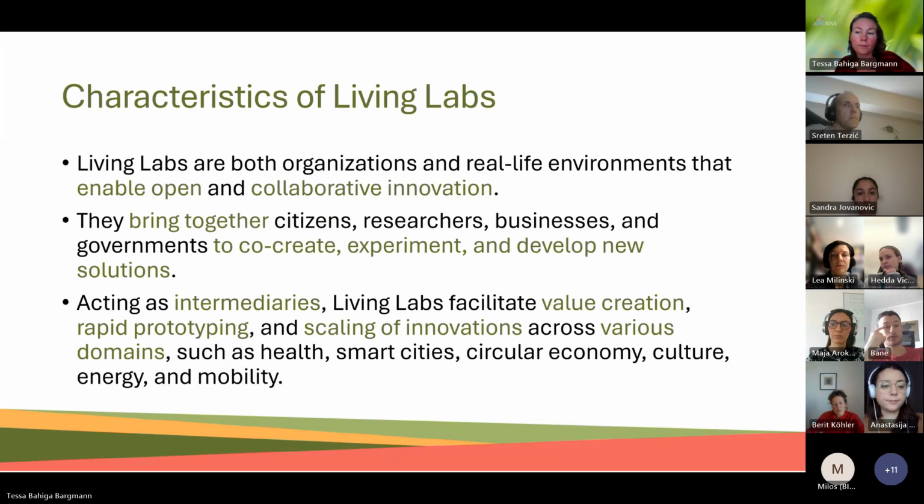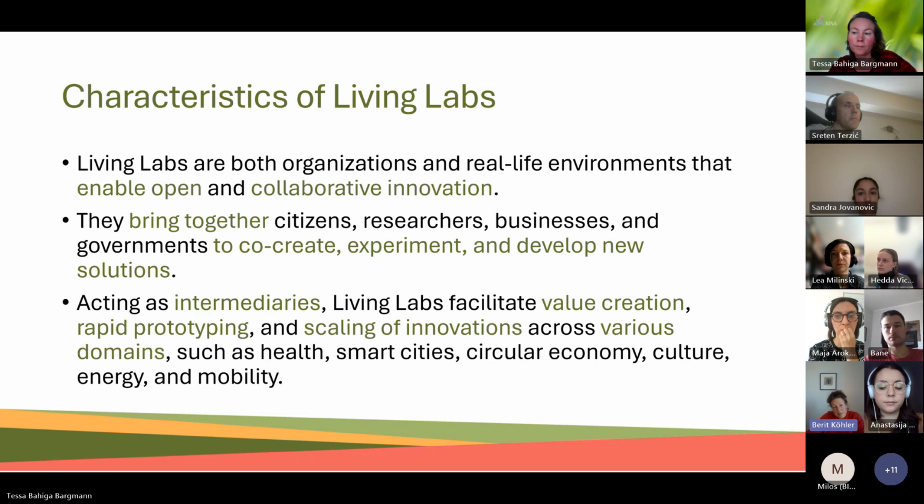So you see, living labs are both, in a way, organizational infrastructures and also real-life environments that enable, or should enable, such open and collaborative innovation. They bring together citizens, researchers, businesses, and governments to co-create, experiment, and develop new solutions, or should give room for that.